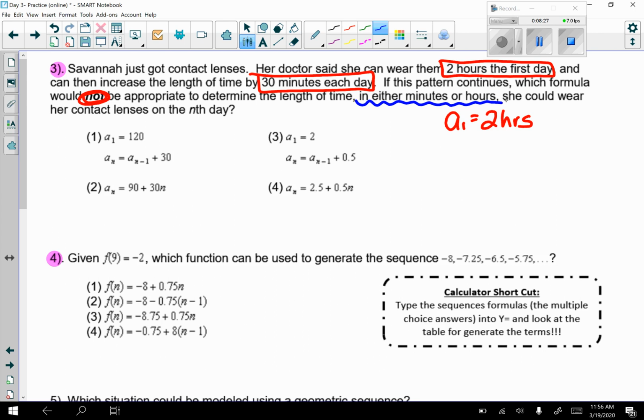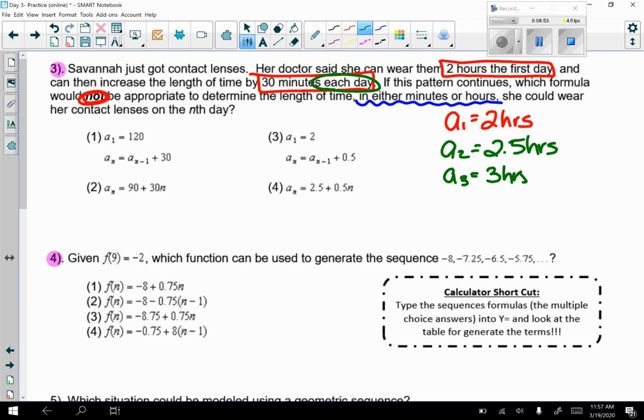So I have to come up with a formula for hours and minutes. Now, if I am increasing by 30 minutes each day, that means that a sub 2 is going to be 2.5 hours because I added 30 minutes, which is half an hour. A sub 3 would then be 3 hours.